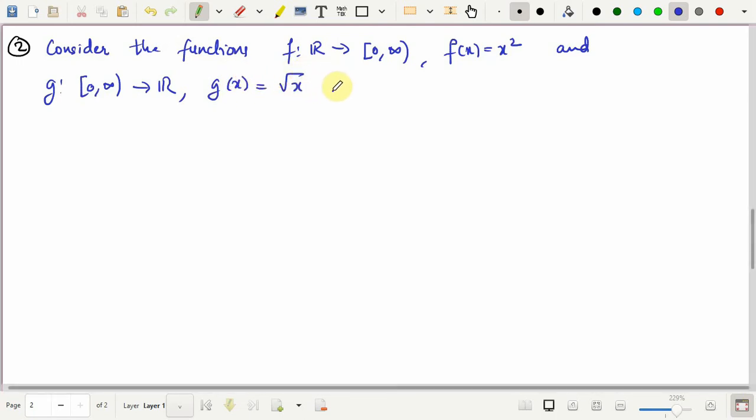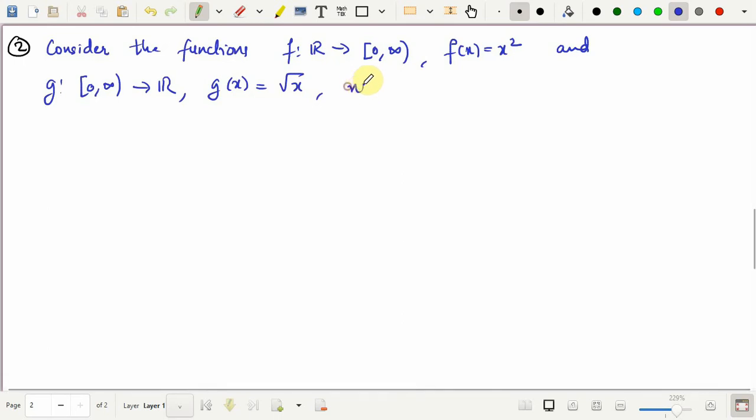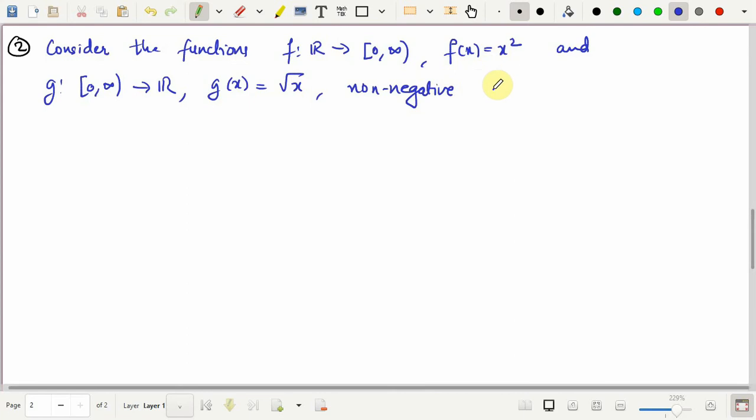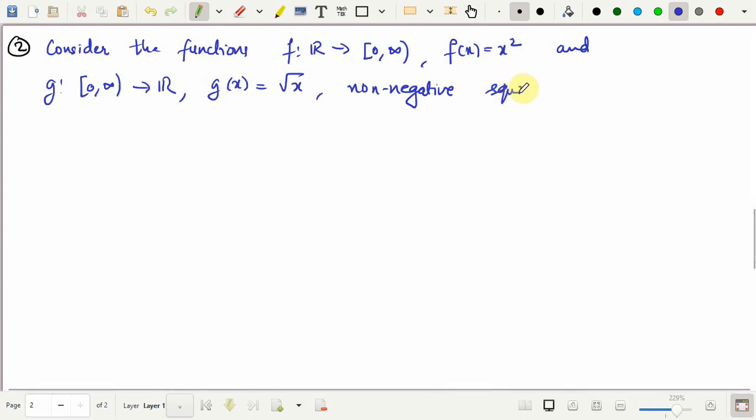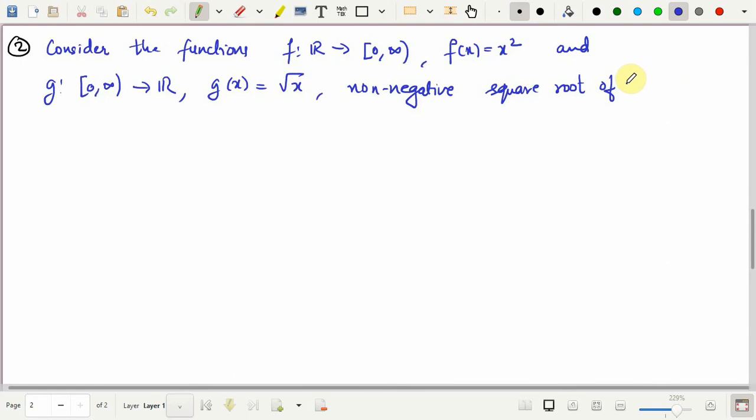In fact, this is a unique non-negative square root of x. So I'll write down a non-negative square root of x. Okay, so find out whether we can define g composite f and f composite g. So the question is find f composite g and g composite f.